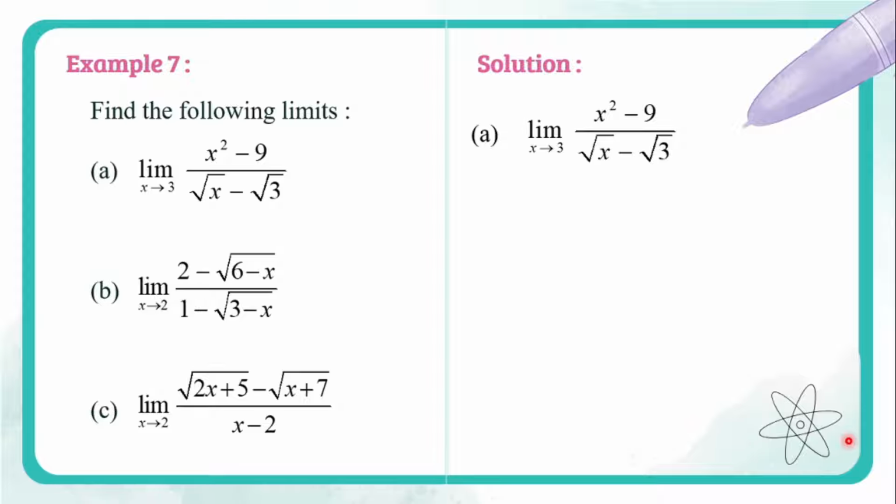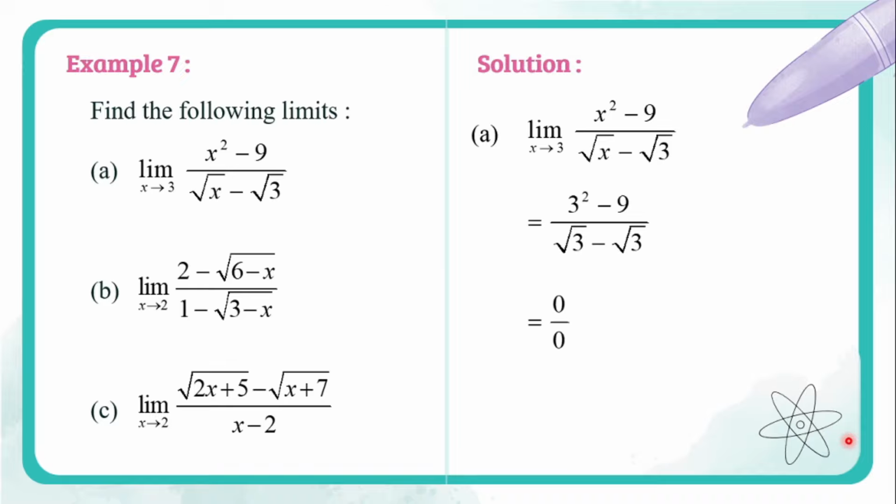As usual, we try to substitute x equal to 3, and yes, we get 0 over 0. Actually, we do not have to show this method. You can just calculate manually or using a calculator.